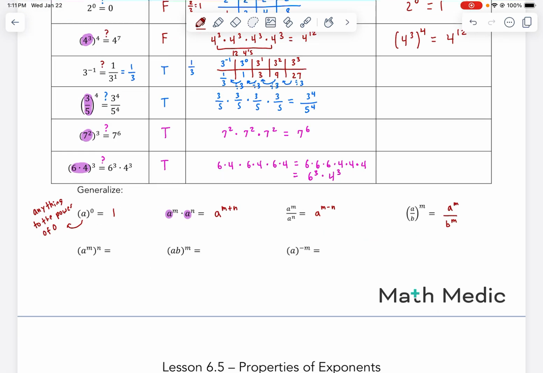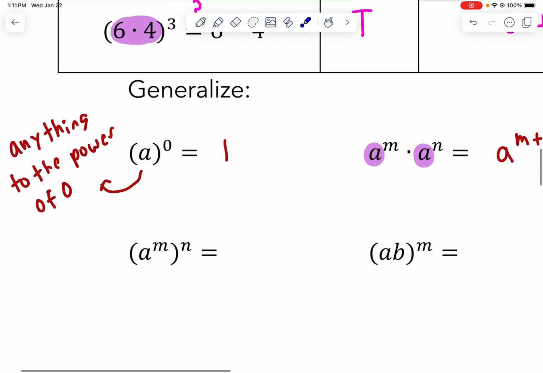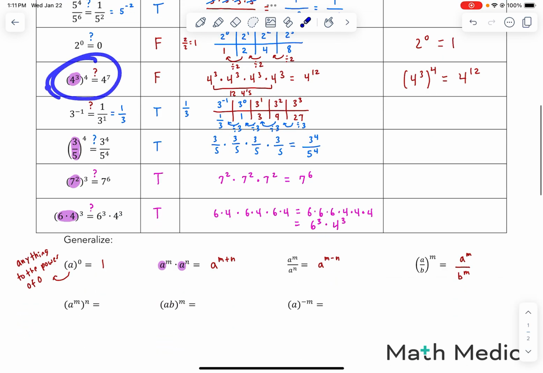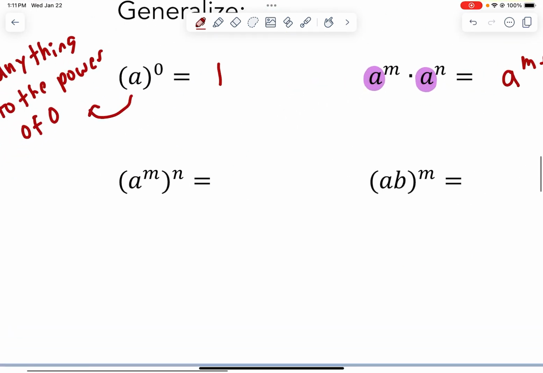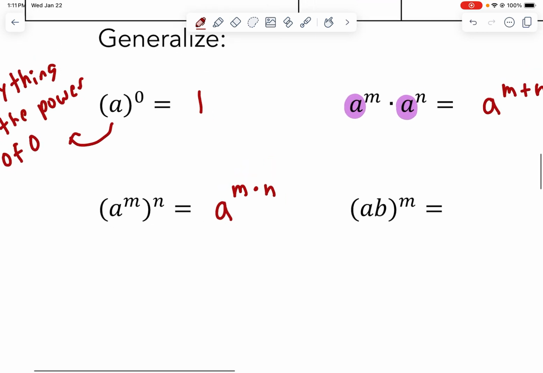And then over here, this property, if you look back at 4 to the third raised to the fourth, up here we notice that the exponents will be multiplied by each other. Okay. So that's a very important distinction right there.